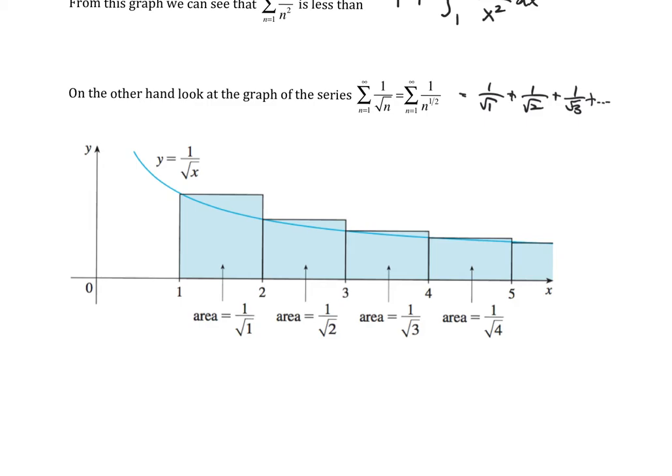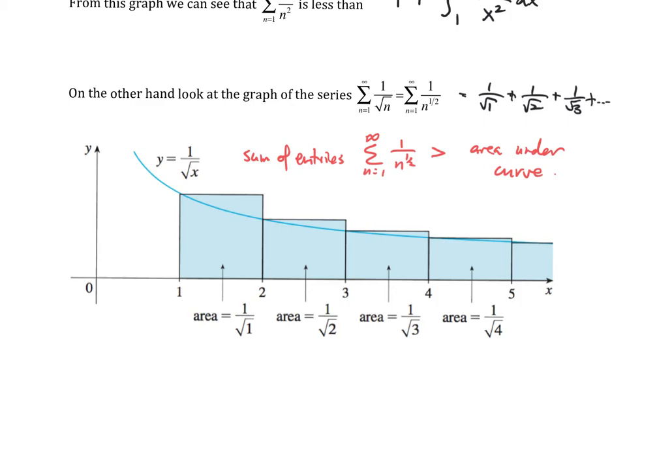Well, what we notice is that the sum of the entries, the summation as n goes from 1 to infinity of 1 over n to the 1/2, is actually greater than the area under the curve.